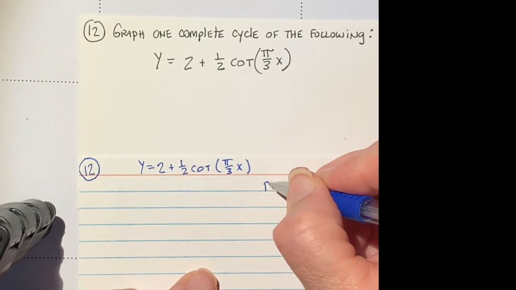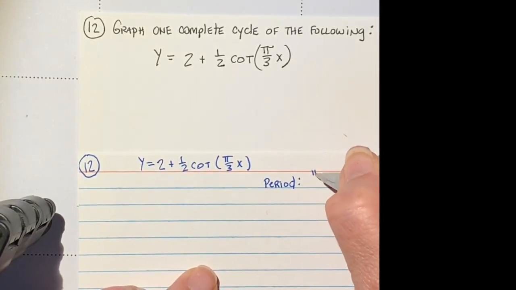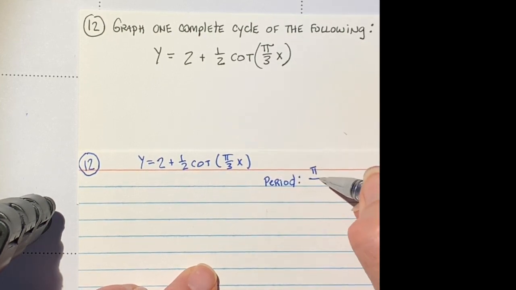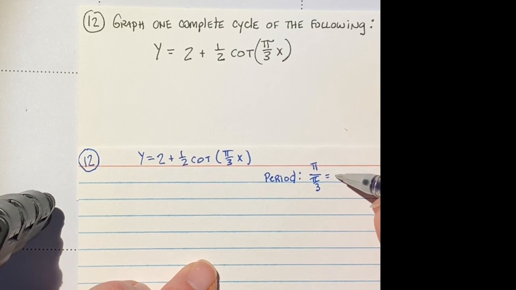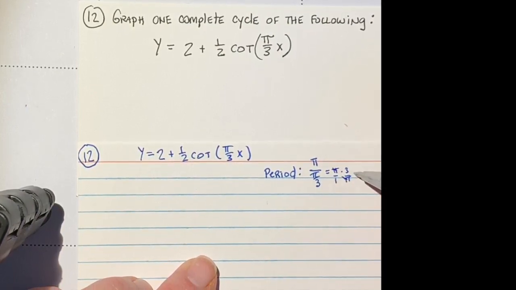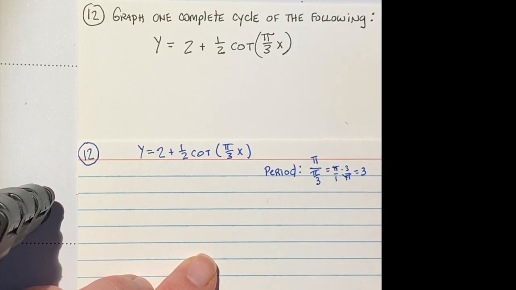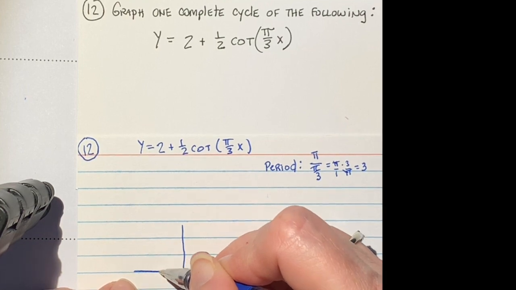All right, so period. So this time instead of 2 pi divided by b, we do pi divided by b. So pi, b being pi thirds, pi divided by pi thirds is the same thing as pi times 3 over pi. So basically the pi's cancel and we end up with 3 radians being our period. So as I'm graphing this, there's been no horizontal shift.